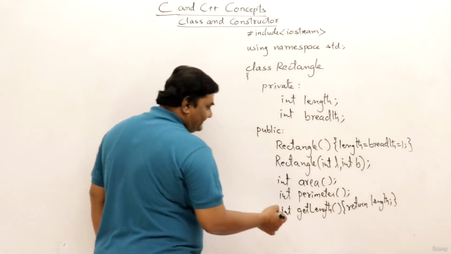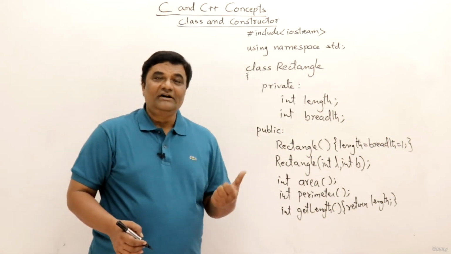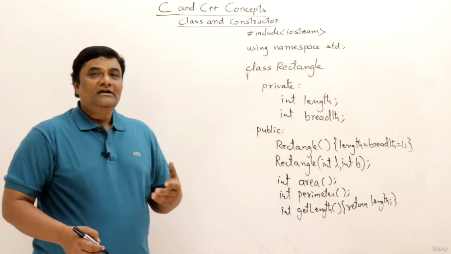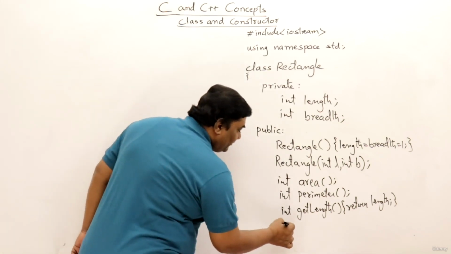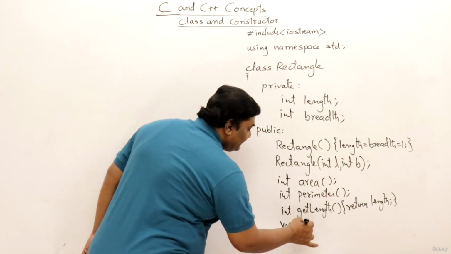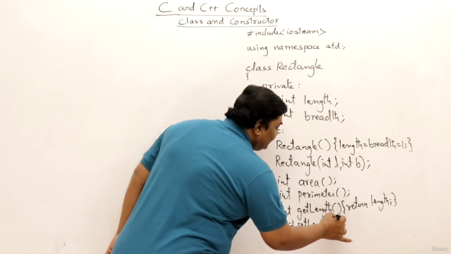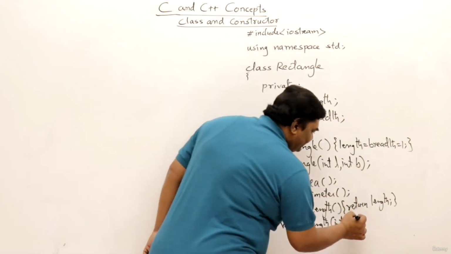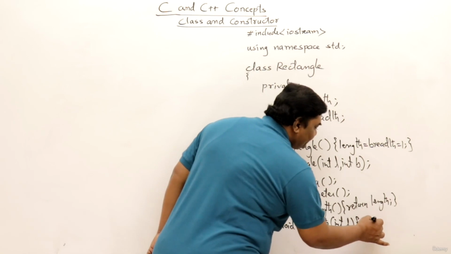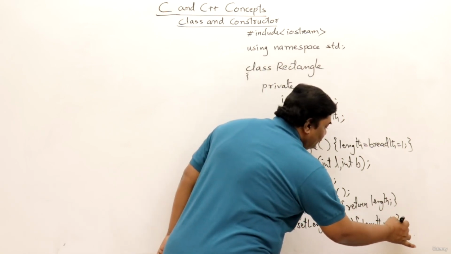Then the next is setLength, to change the length. In the previous video I was calling it changeLength, now call it setLength. Void setLength should change the length to a new given length. Directly I will write it in a single line because it has to just change the length. I am changing length, assign L.